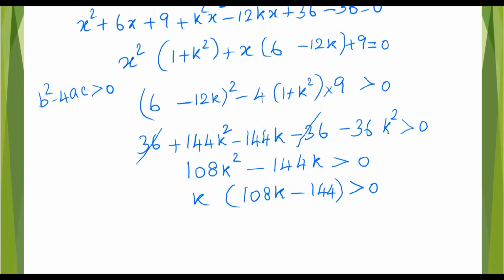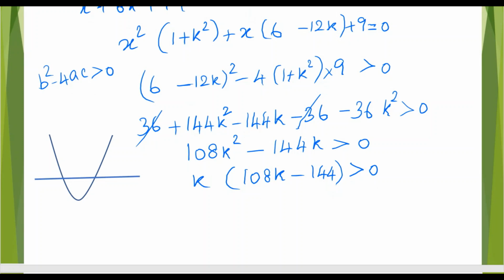So we have to write the inequality. Better draw the sketch first to understand where actually the k value lies. k is 0, and 144 divided by 108 on simplification gives 4 over 3.